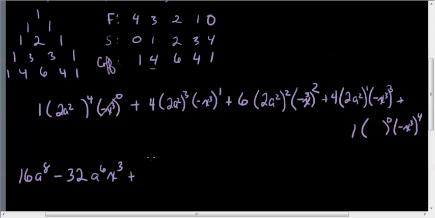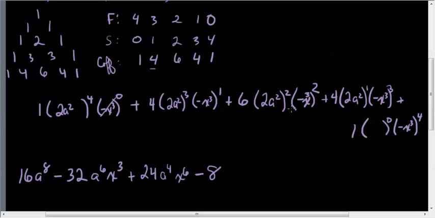We multiply this one out. This negative squared is going to be positive. 4 times 6 would be 24, a to the 4th x to the 6th. Now again, I recognize this negative cubed is going to give me a negative in here. 2 times 4 is 8, so minus 8.